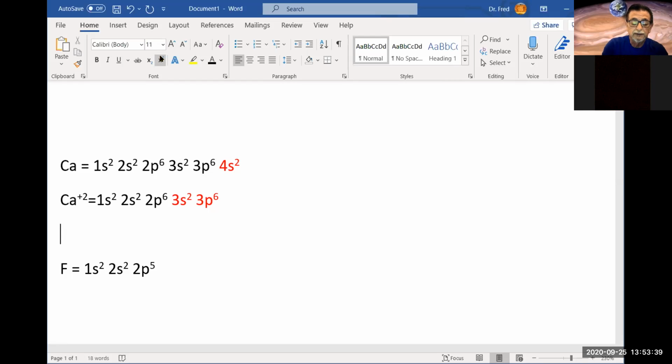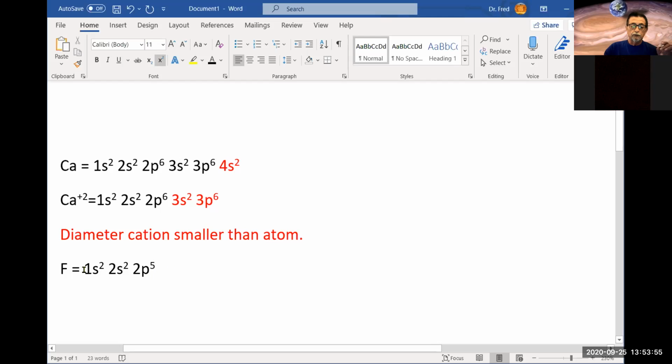And so before I proceed here, let me make something here. The diameter of a cation is smaller than the atom, talking about calcium. Okay, now when the fluorine picks up an electron, now it has a -1 charge.